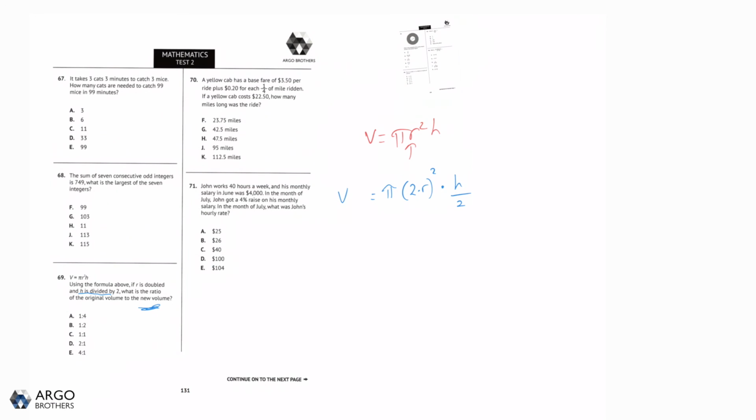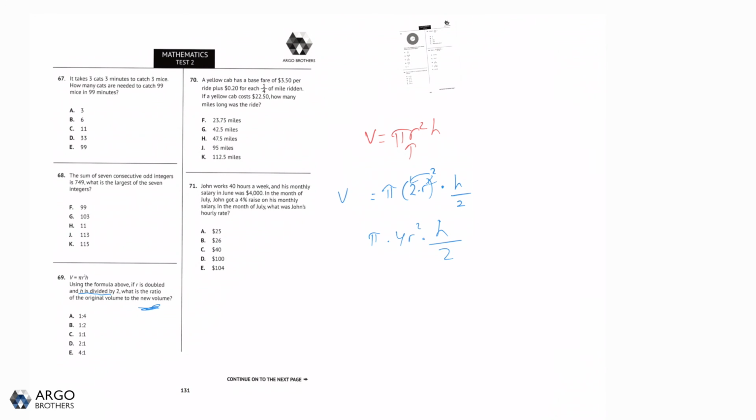Well, this is a very ugly thing. Let's go ahead and simplify this down. I know that for 2r squared, I have to square both the 2 and the r, so 2 squared is 4, and r squared is simply r squared, times pi times h over 2.